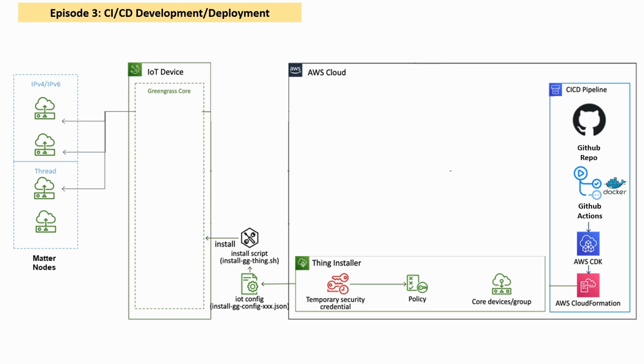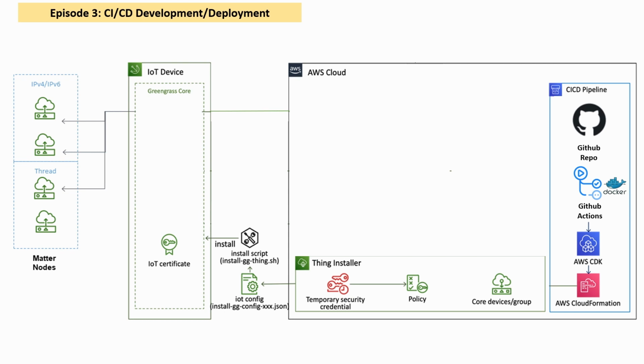But it will also go and set up a secure IoT certificate, which will enable a secure connection to be made between the IoT device and the AWS cloud. This only needs to happen once, the first time that we go and create a Greengrass device, and then every deployment after that, this is not needed, only the first time.